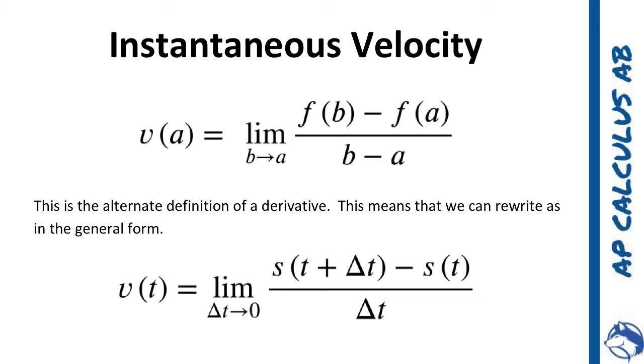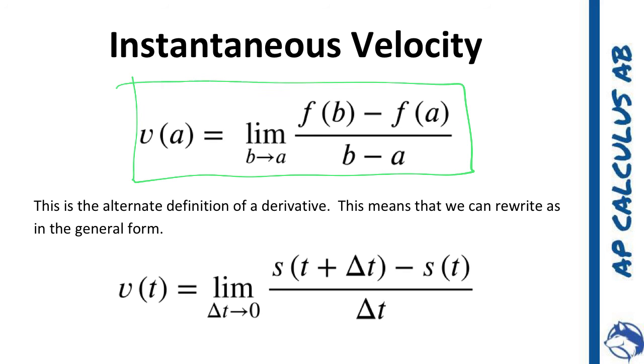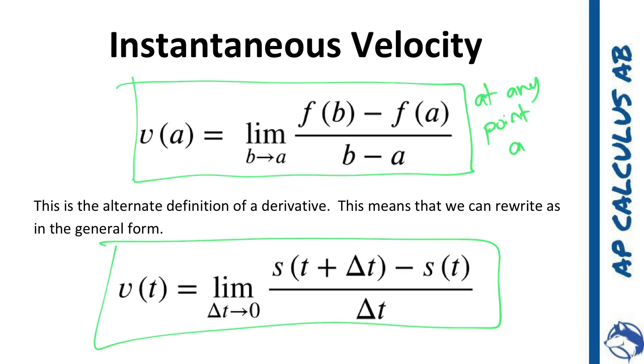And what's great about this is it gives me the instantaneous velocity at a single point. So that's what this one does, at any point A. But what would be really nice is, using this alternate form, we could rewrite it in the general form. And so right here, this gives us at any time t.